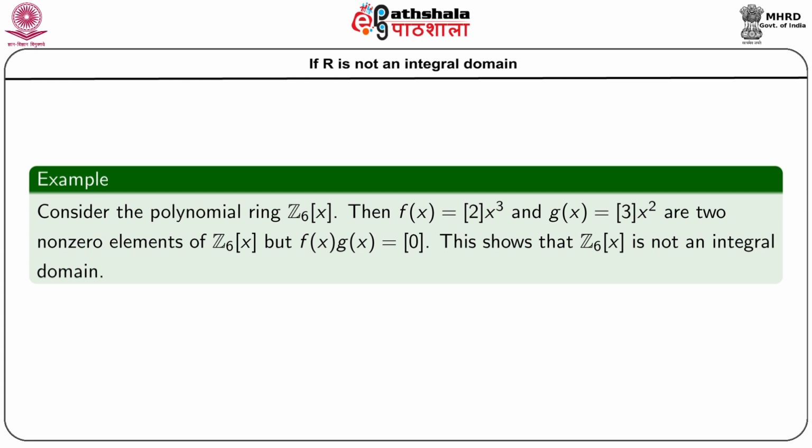This shows that the polynomial ring Z6[x] is not an integral domain. Thus, though every polynomial ring is commutative and contains unity, it may not be an integral domain.